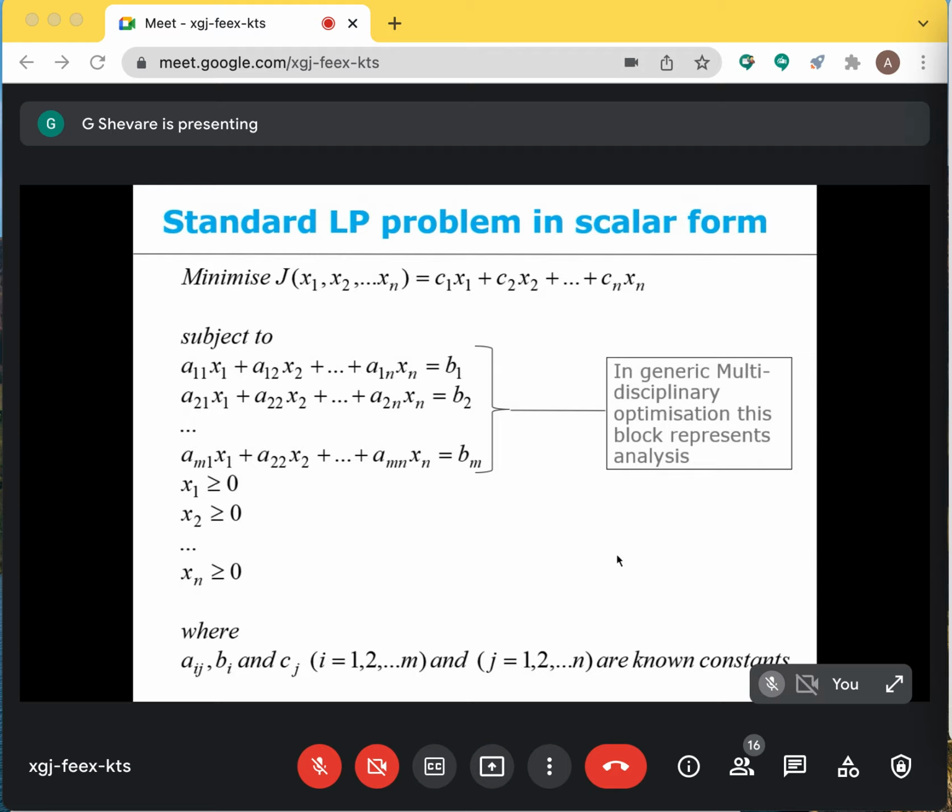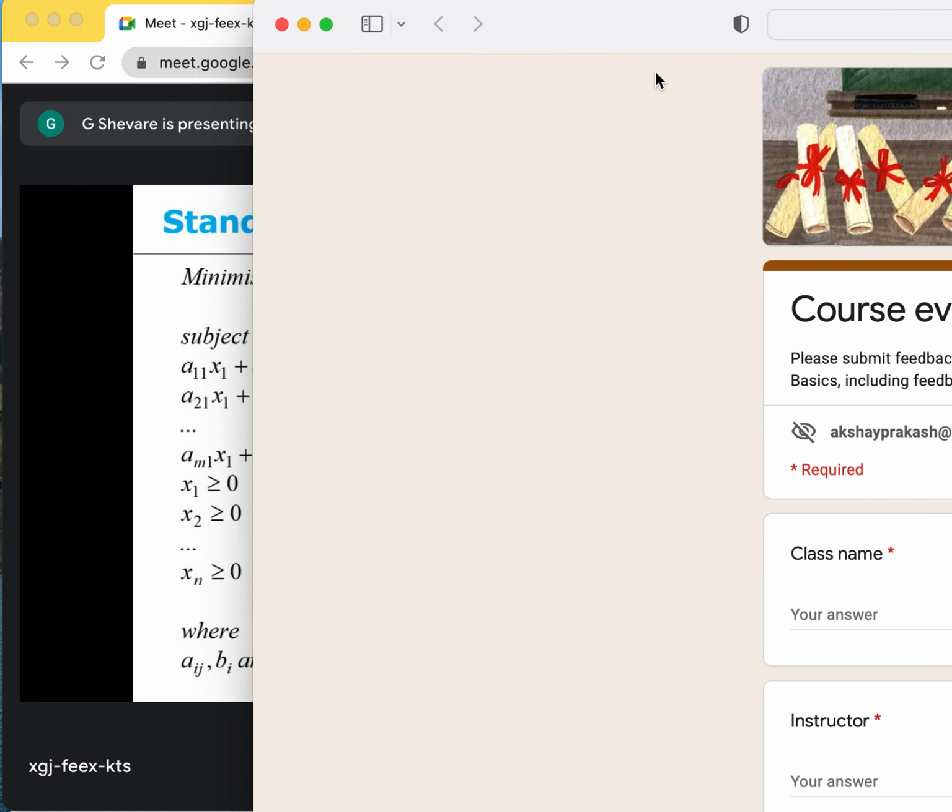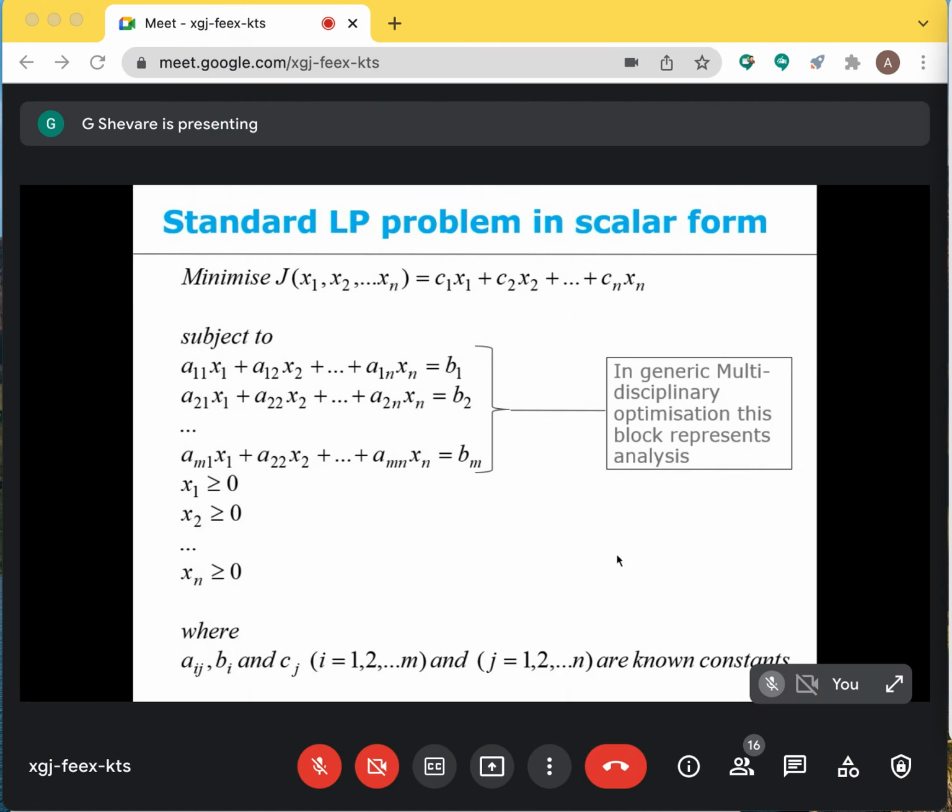We would like to minimize a cost function, which is J. It is a function of a number of variables n, x1, x2 to xn, and it is written down as a linear expression. So c1 x1 plus c2 x2 plus etc. cn xn. x1 to xn are design variables. This is subjected to conditions which are m in number and they are equalities.